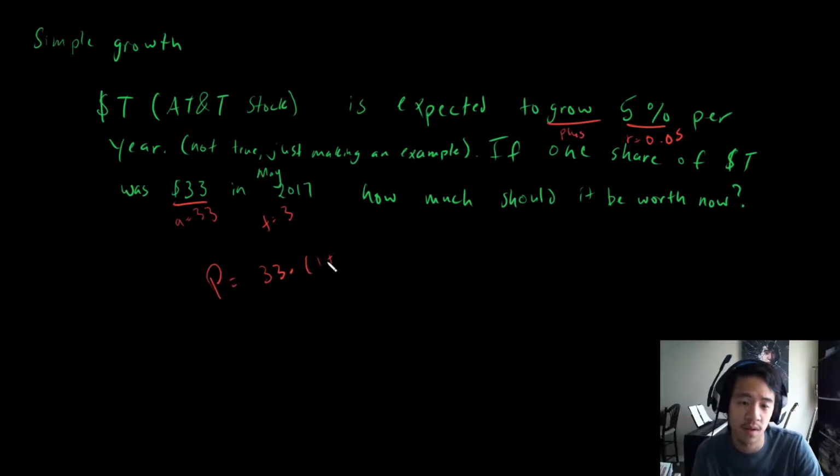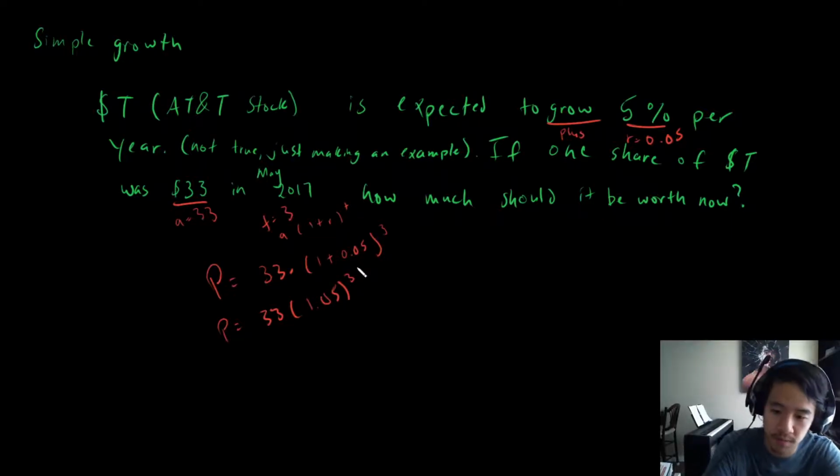It's growing. Our rate is 0.05. And then raised to the t power. So remember, this is A times 1 plus r to the t. All right, so now we need to calculate this. So P is equal to 33 times 1.05 raised to the third power.